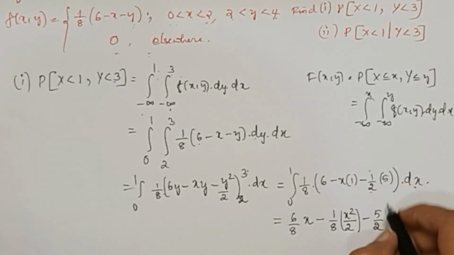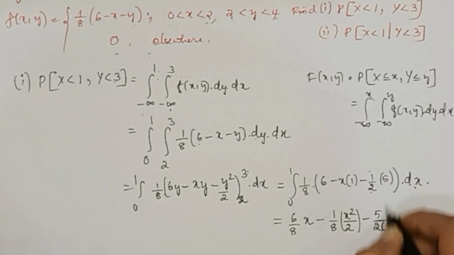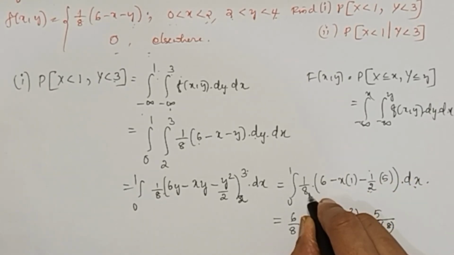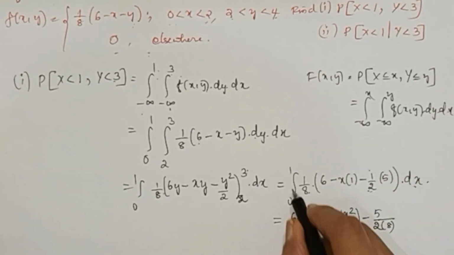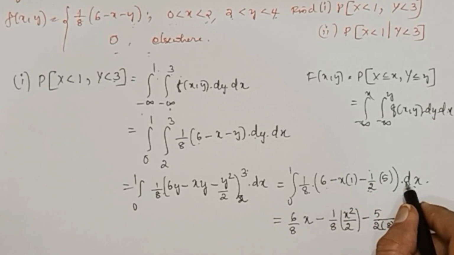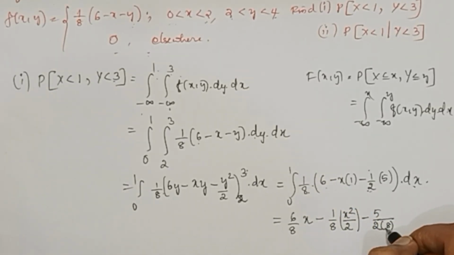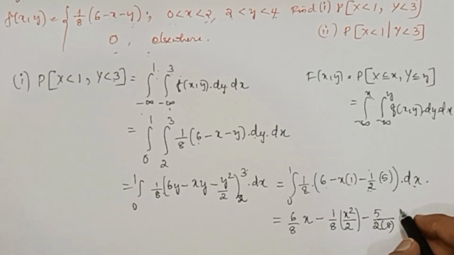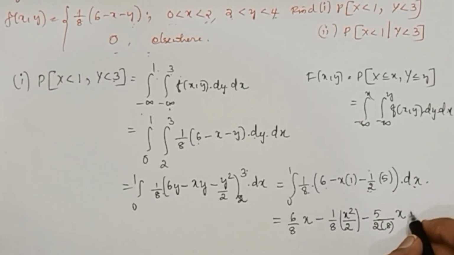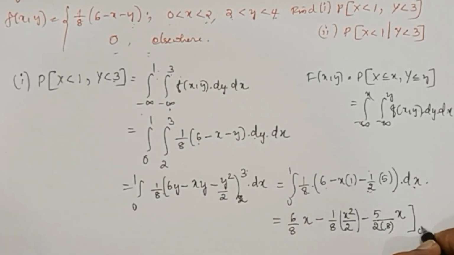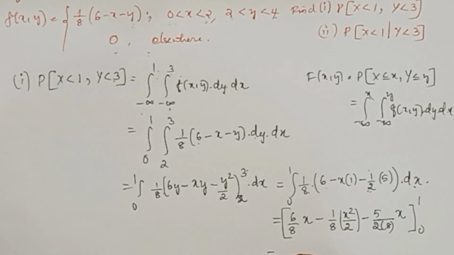This 5 by 2 into 8 is outside. So 8 is there in the denominator for every term, so 5 by 2 into 8 is a constant outside. Integral of 1 with respect to x is x. So you will have from 0 to 1. You have to evaluate this now.